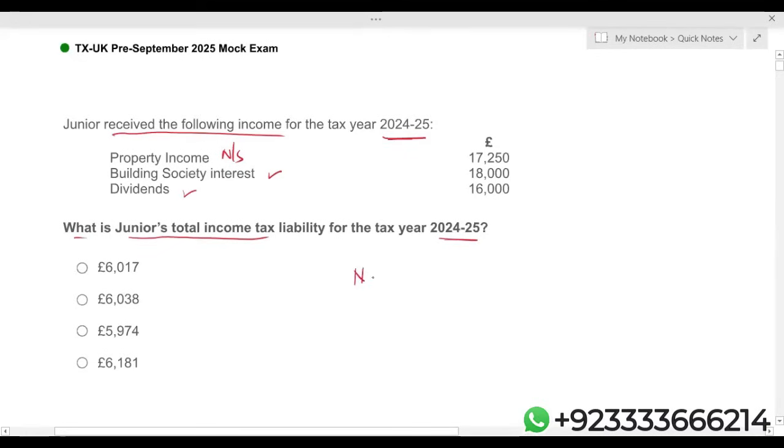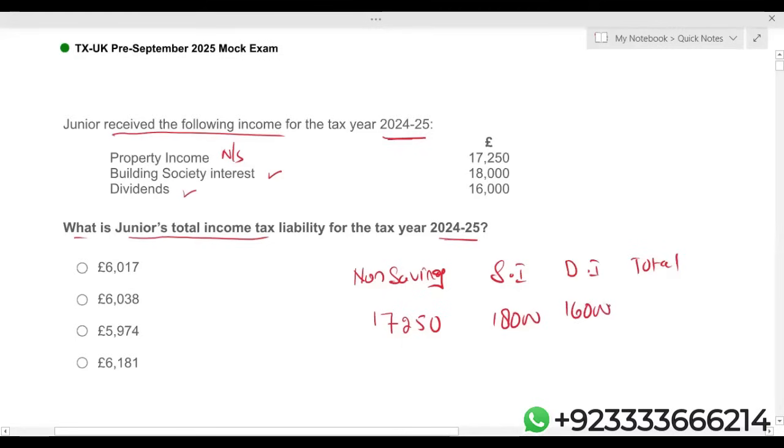So we'll make 3 columns, in fact, 4. Non-saving, then saving income, dividend income, and let's make 1 for the total. Of course, property income is a non-saving income, 17,250. Building society interest is saving income, and 16,000 is the dividend income.